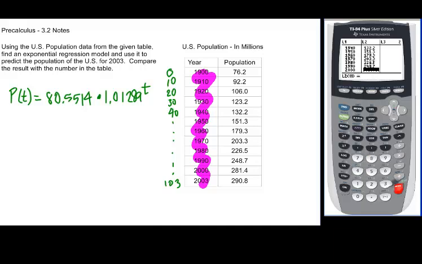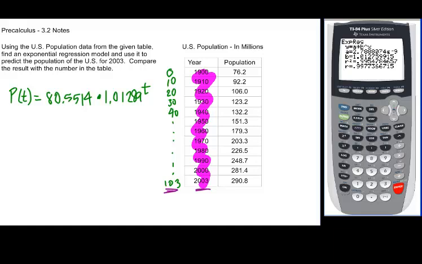What we want to do is check the year 2003. So we're either going to check 103 if you did it in years since, or we'll check 2003 if you did it with the actual years. When you plug that in, you should get somewhere close to 301 million.